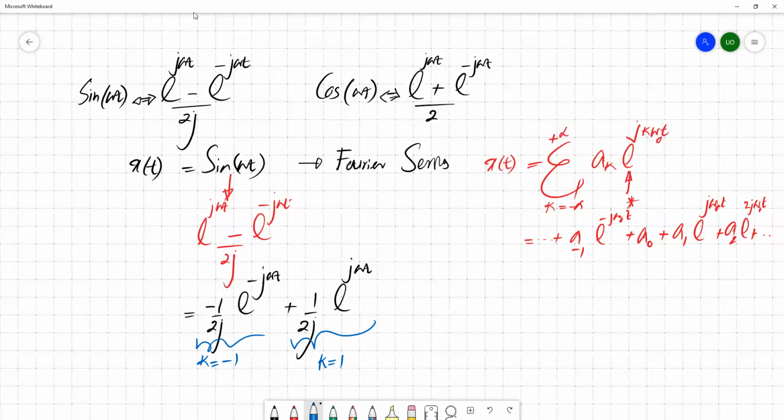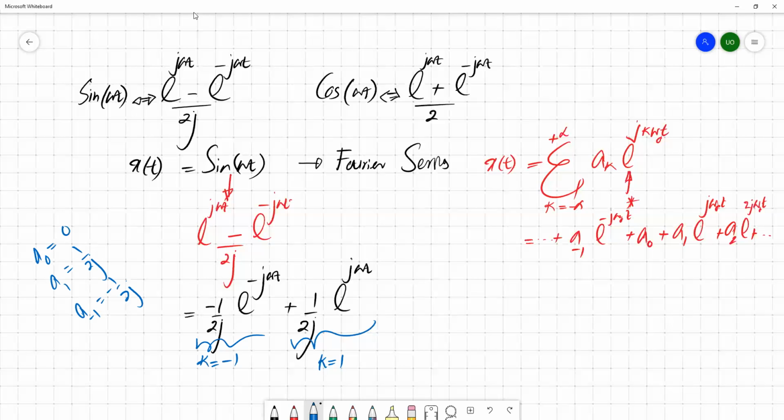So for this case, this is the Fourier series expansion. A0 is 0, A1 is 1 over 2j, A minus 1 is minus 1 over 2j.